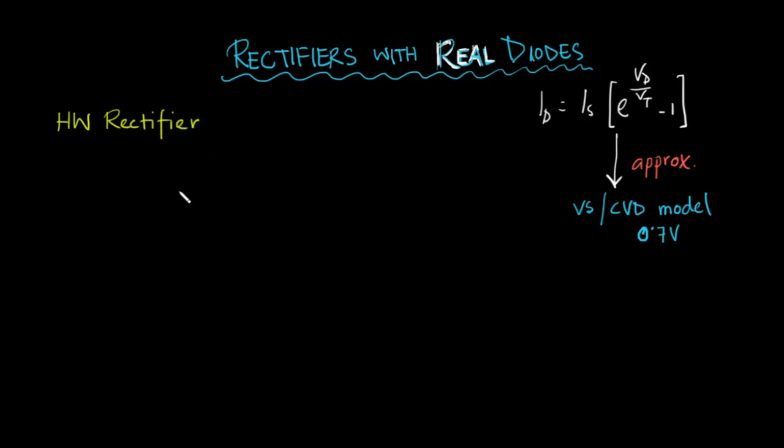Alright, so our half wave rectifier circuit was like this, and this was our input, and this was our output.